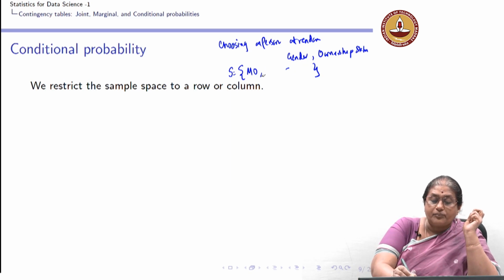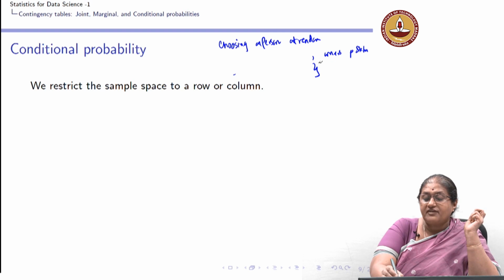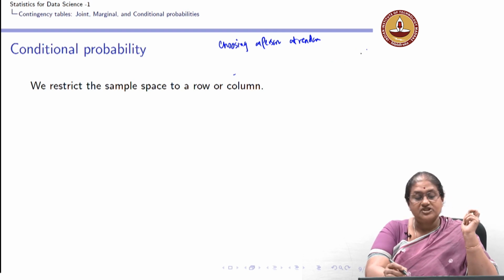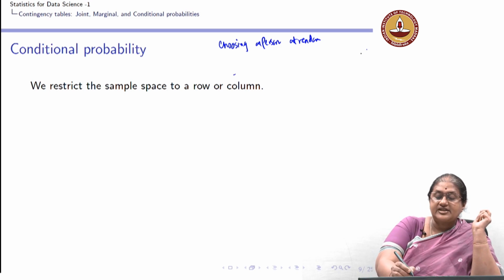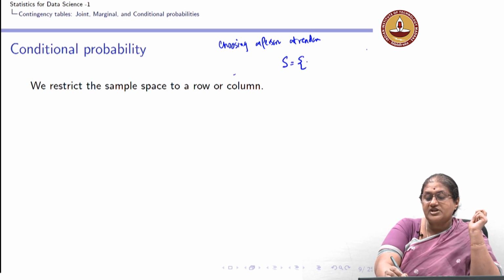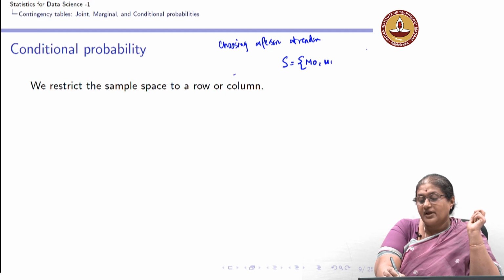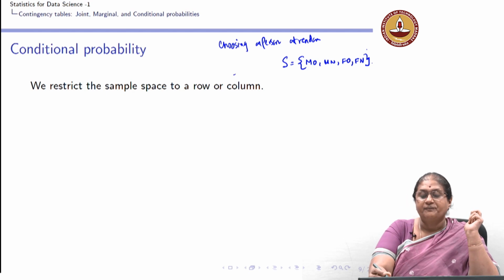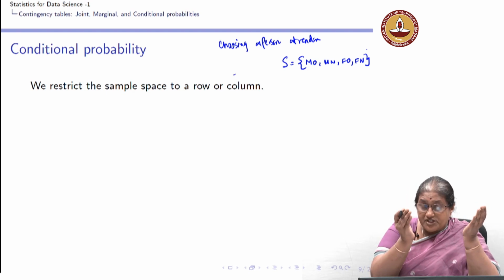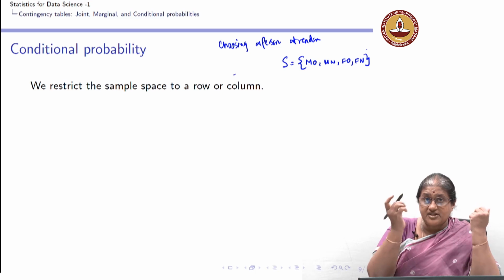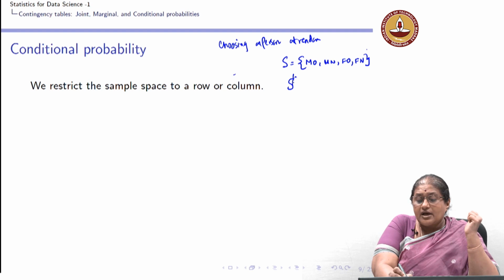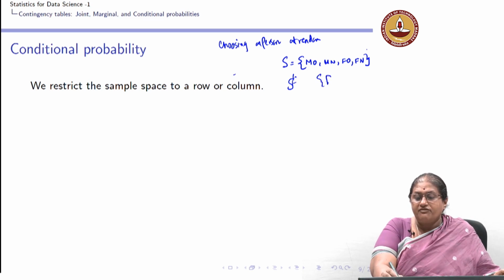The way to compute these probabilities is to work on what I call a restricted sample space. If my original sample space is male owns, male does not own, female owns and female does not own, and I know some information about the person, suppose the information given is that the person is female, then I restrict that sample space to only female owns and female does not own.